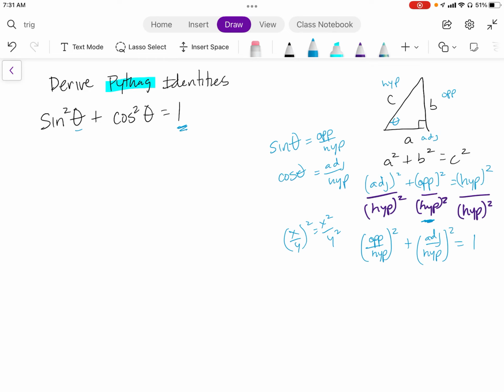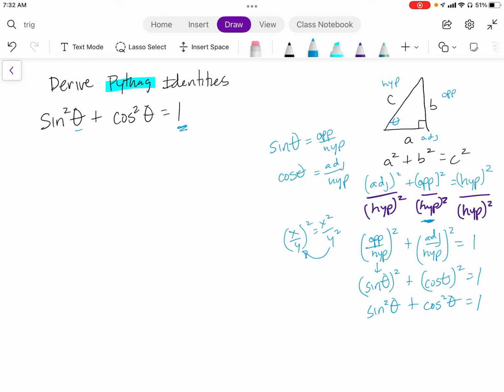So I'm using this form, and that's it, because opposite over hypotenuse is sine theta, and adjacent over hypotenuse is cosine theta. And just by the style of writing trig, sine squared is written as sine squared, like that, but they mean the same thing.